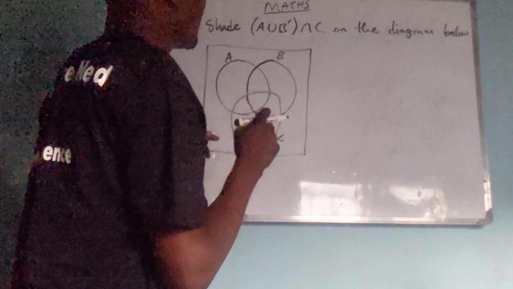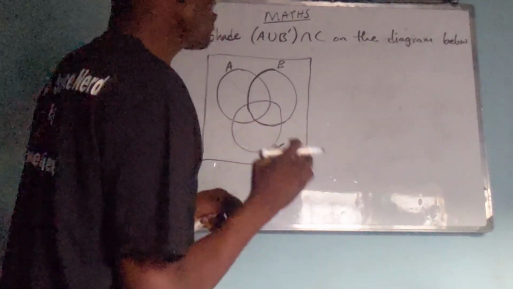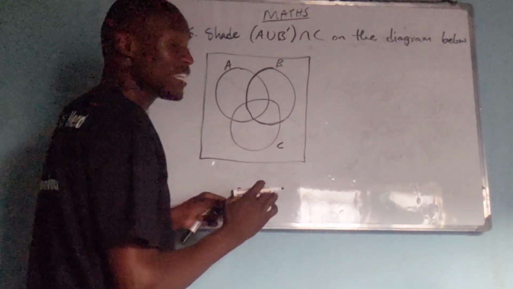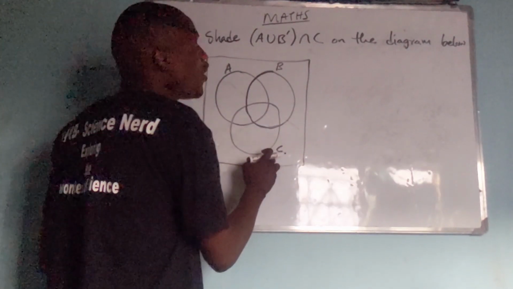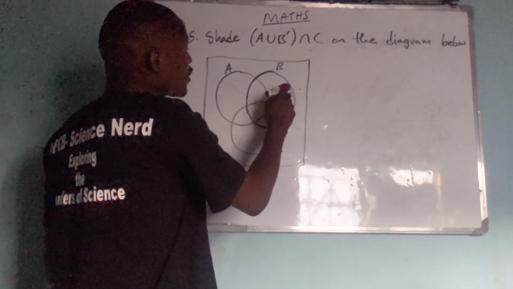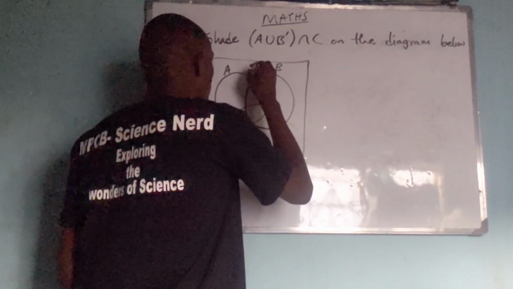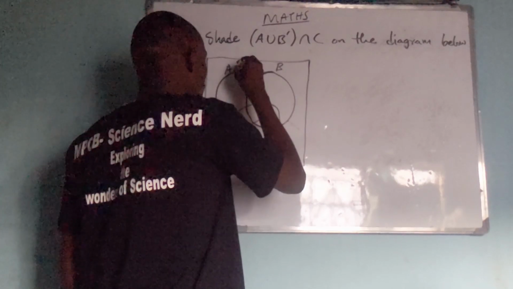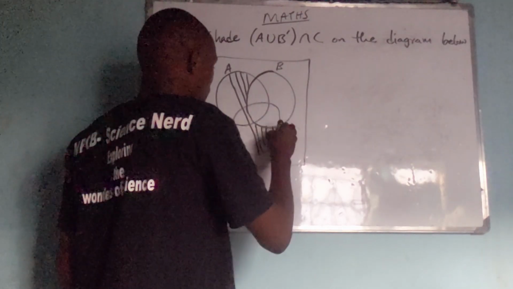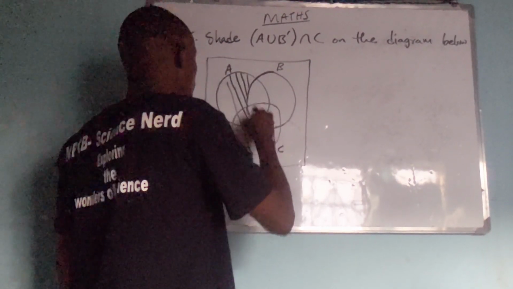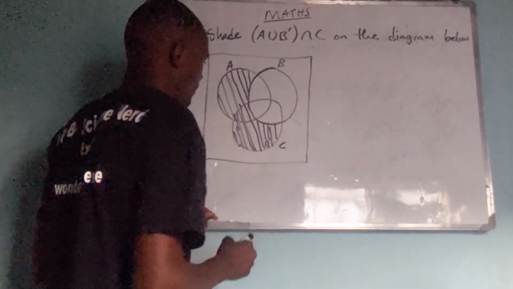The question goes ahead and says intersection C, which means we are going to deal with the elements which are in A and C only, because we don't want to include B. Therefore, our shade will be like this. This will be our shade.